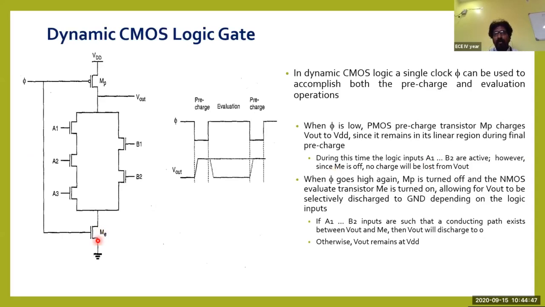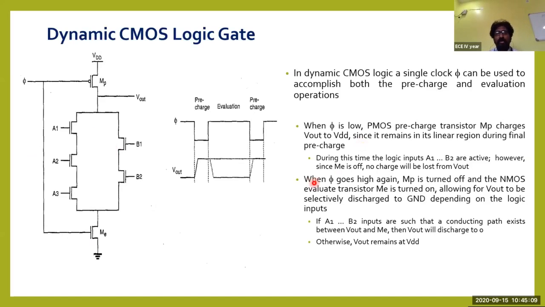Therefore, no charge will be lost from the Vout. Since these are active, only if all the NMOS are on will the Vout discharge. But since only a few are on and a few are off, the output will not be lost.